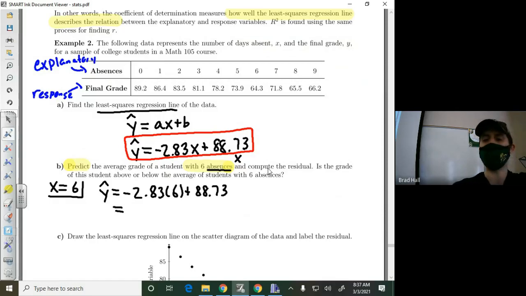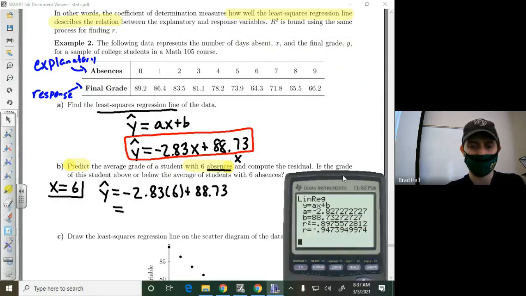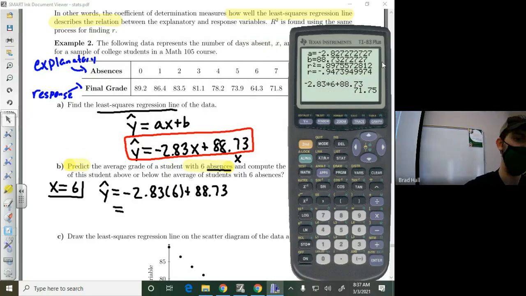So we're trying to predict the average grade of a student with 6 absences. So the predicted grade is 71.75.